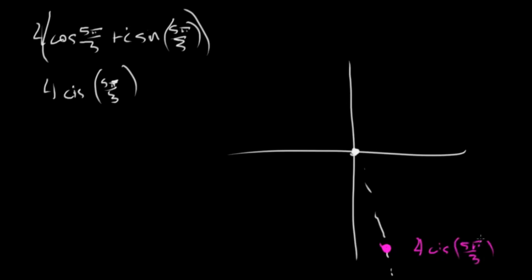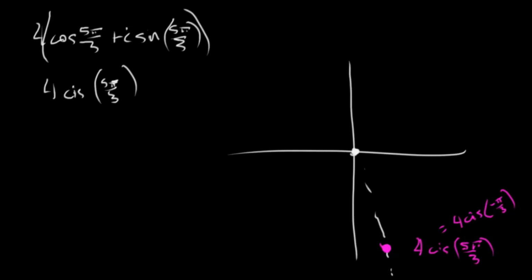Another way to write this would be 4 cis negative pi over 3. So there are multiple ways to write numbers in polar form. Maybe you might consider that a downside. I don't necessarily consider it a downside, but polar does have its benefits, which let's get to.